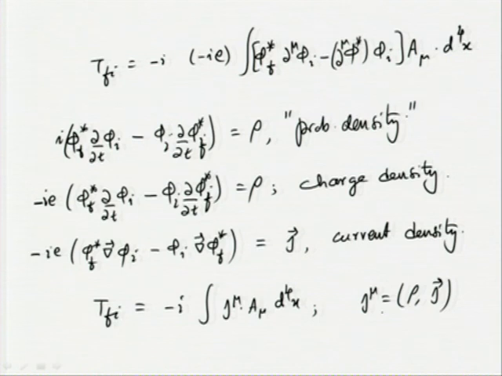The charge density and the current density together considered as a 4 vector, which is the charge current 4 vector current density.